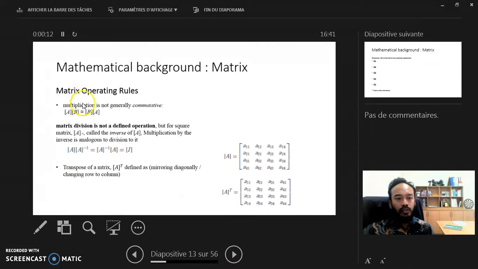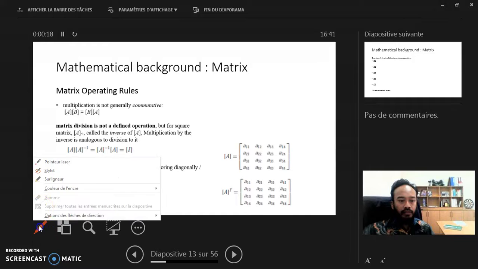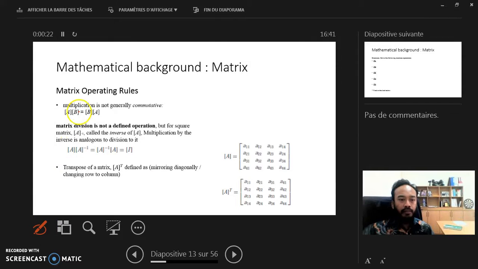Now, rules on multiplication or product of matrices. Multiplication is not generally commutative, because the number of columns of A has to be equal to the number of rows of B, and that's the only rule for it to be able to be multiplied.